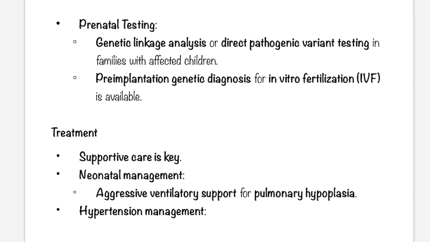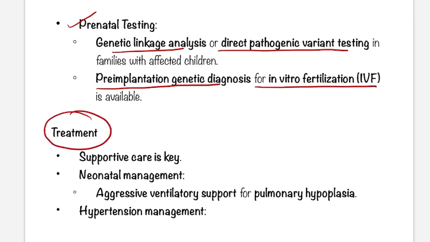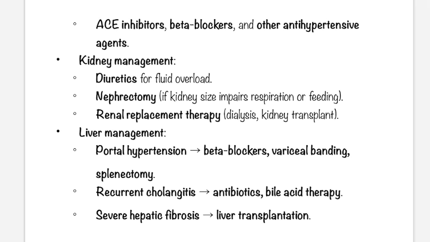Is any prenatal testing available? Yes. Genetic linkage analysis and direct pathogenic variant testing are available. Pre-implantation genetic testing for in vitro fertilization is also available. So what is the treatment of autosomal recessive polycystic kidney disease? It is mostly supportive: aggressive ventilatory support and hypertension management. For kidney management, you have to give diuretics for fluid overload. What are the indications for nephrectomy?